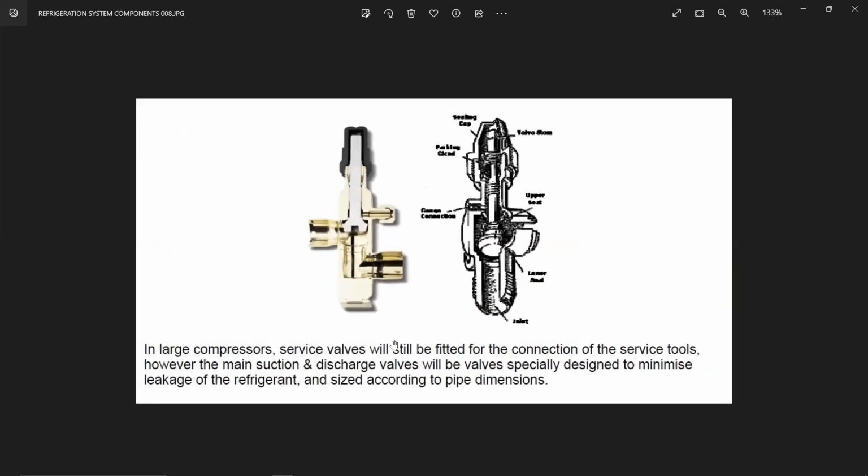In large compressors, a service valve will be fitted for connection of the service tools. However, the main suction and discharge valves are specially designed to minimize leakage of the refrigerant and sized according to the pipe dimensions. Now, along with the service valves, there is something called the king valve.